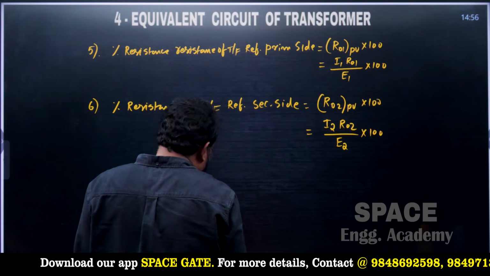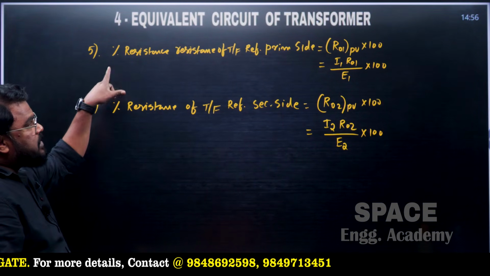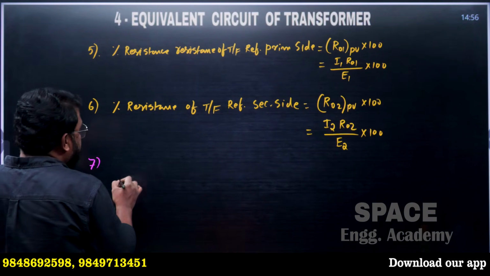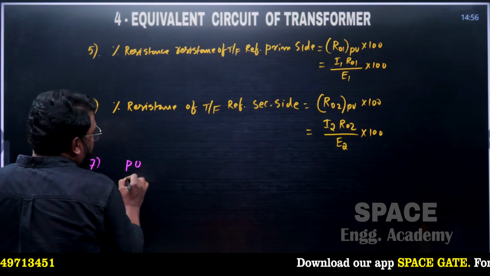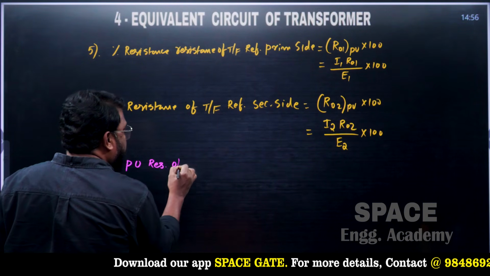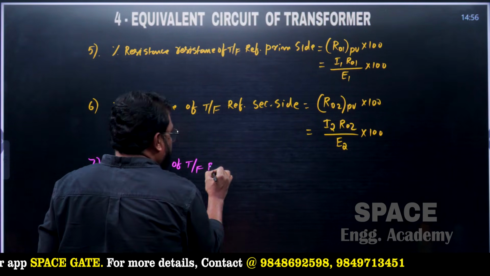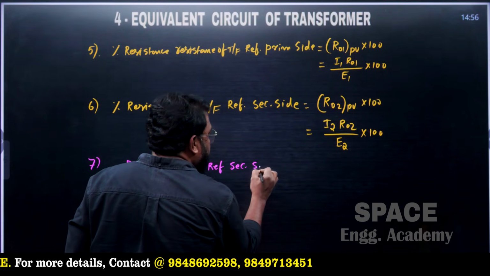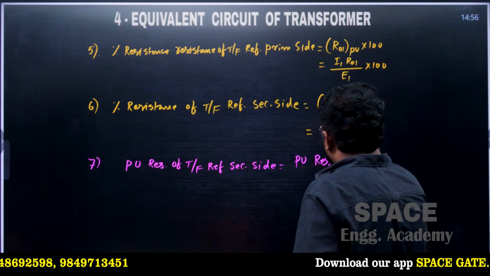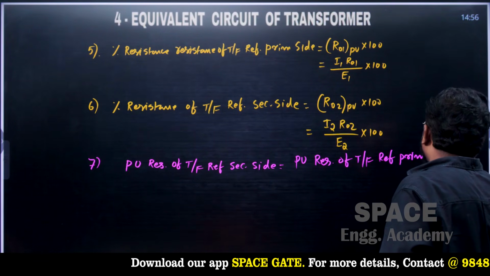Next, suppose you want to find out the relation between percentage resistance and per unit value. One more possibility of the question is per unit resistance of the transformer in secondary winding referred to secondary side is equal to per unit resistance of the transformer referred to primary side of the transformer.